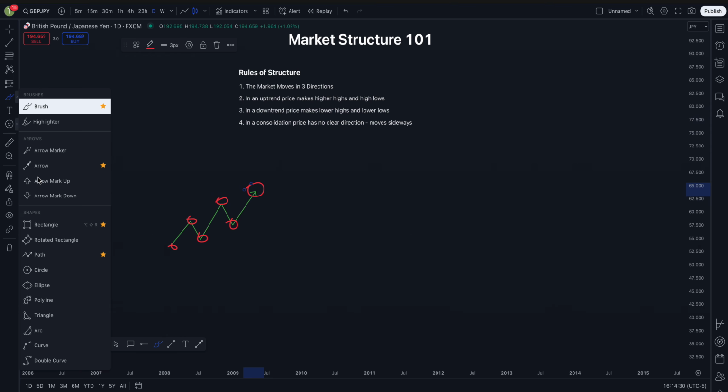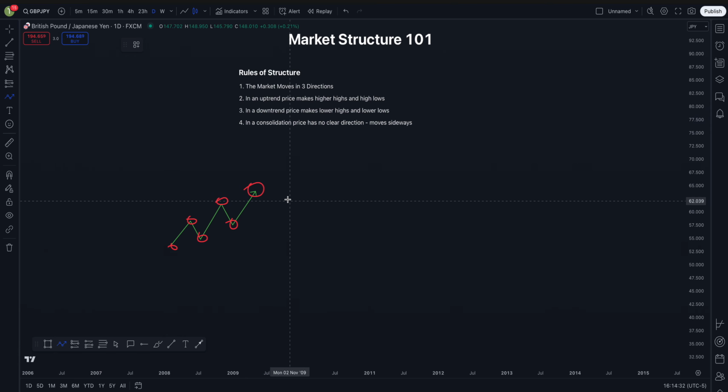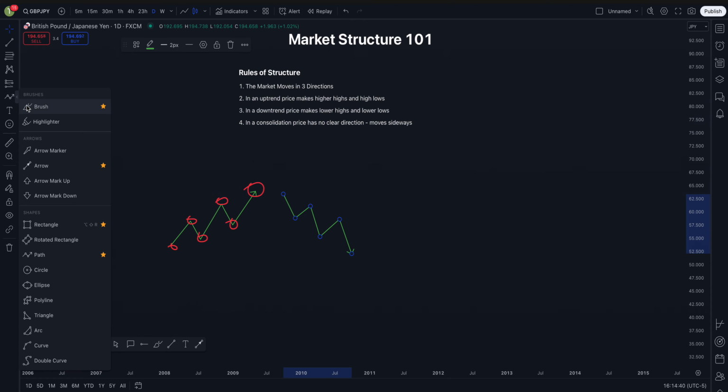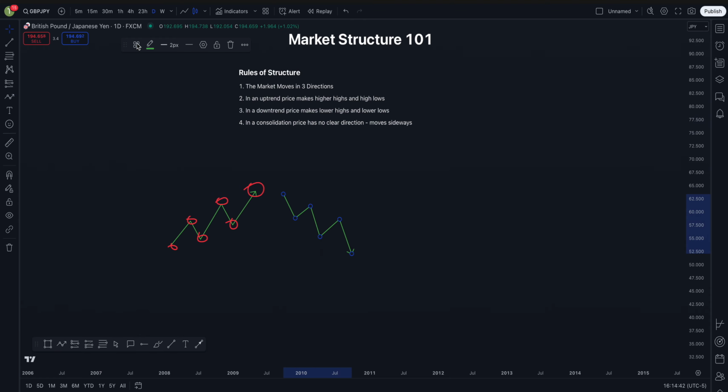And then price also goes in a downtrend. And in a downtrend, let's change this color to red.